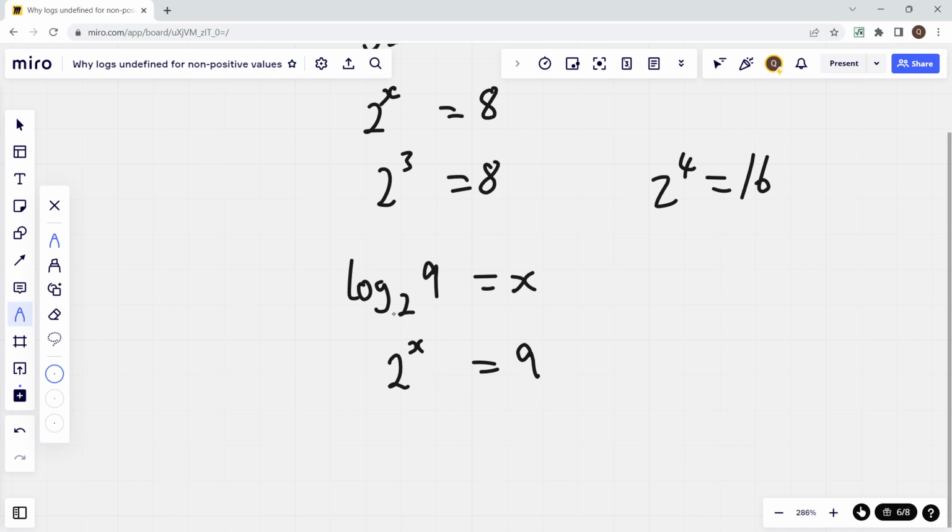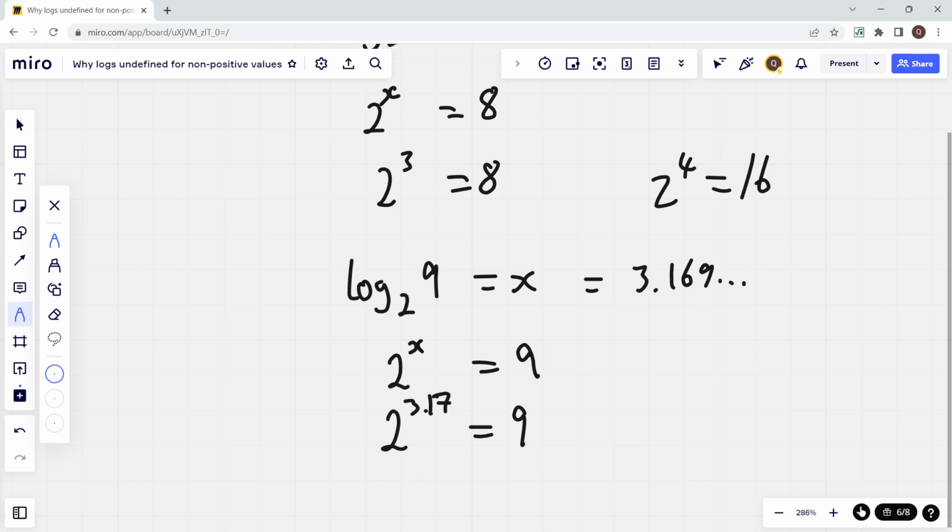We put log base 2 of 9 in our calculator. The calculator says 3.169 something. And so what that's saying is 2 to the power of 3.17, rounded, is approximately equal to 9. Okay.